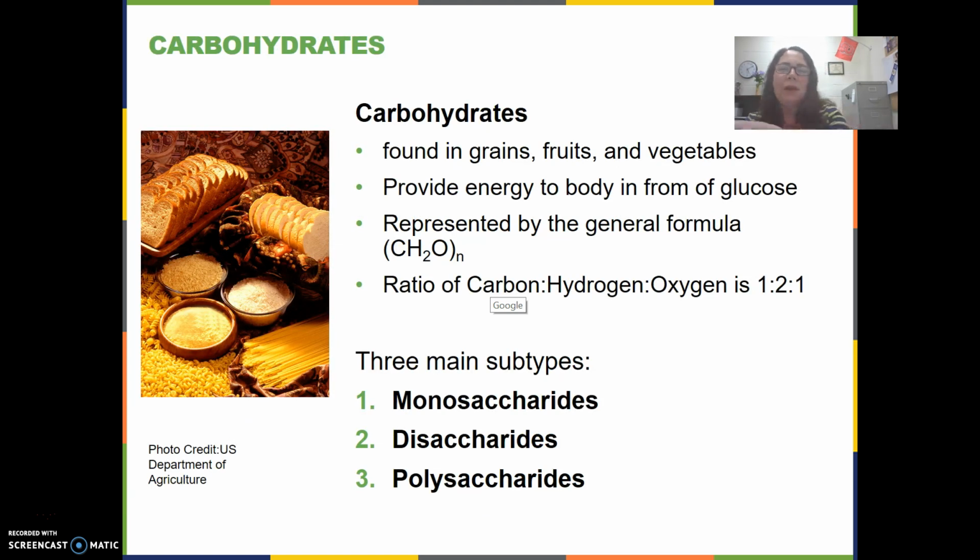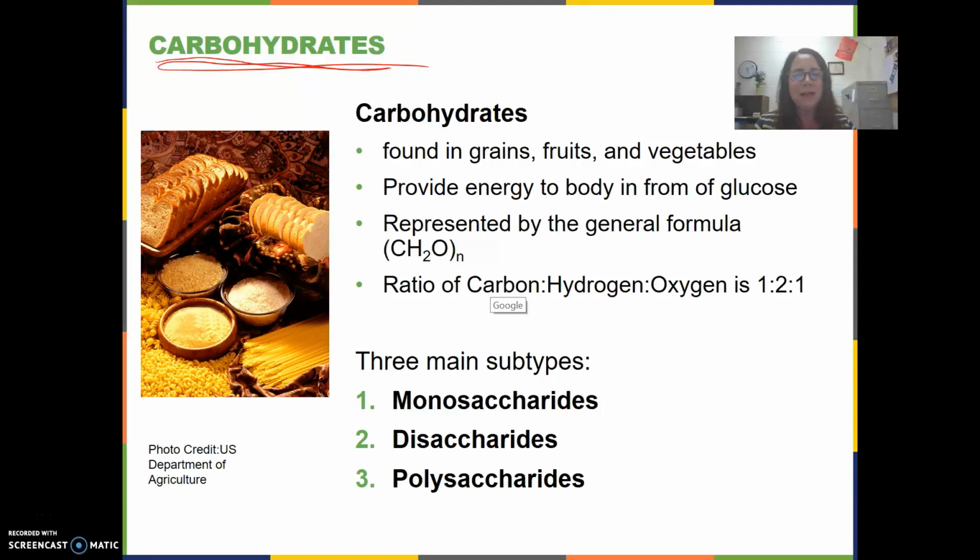Okay, so we're going to start with carbohydrates and talk about different examples. You probably know examples of carbohydrates from nutrition. You know that they can be breads and pastas and grains like corn and rice, quinoa. So these are all examples of carbohydrates, but you also have carbohydrates in fruits and vegetables.